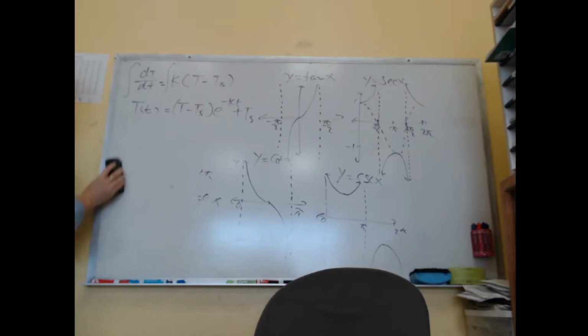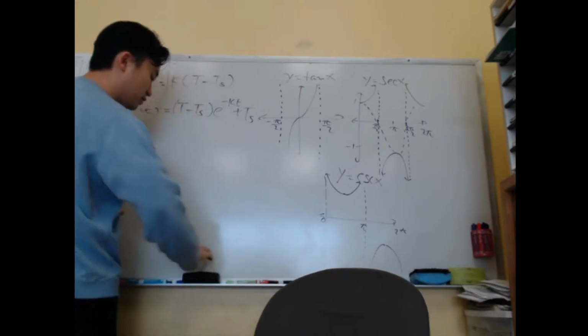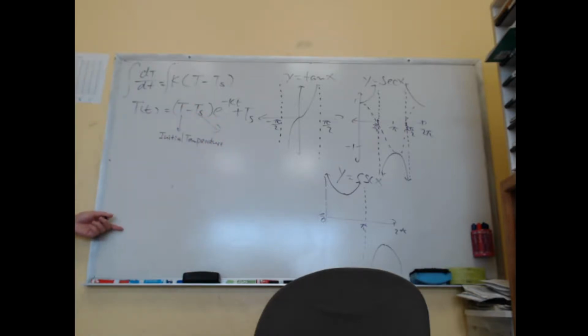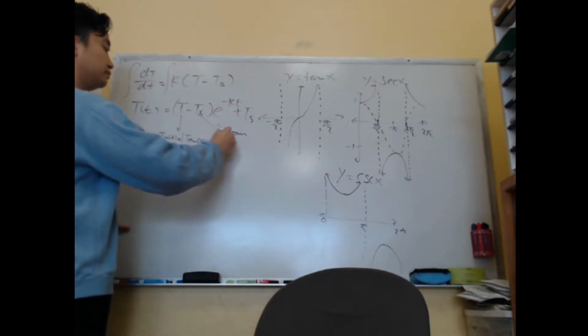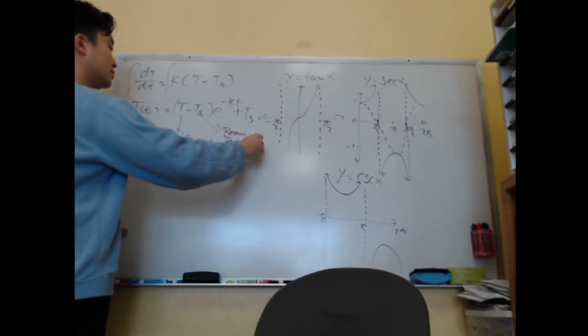Okay? So now, what do you notice about Newton's law of cooling? T, that would be the initial temperature. So let's say that you took something out of the refrigerator. And then Ts, guess what that is? The surrounding temperature, right? The room temperature. This one is not just about math, it's for science.